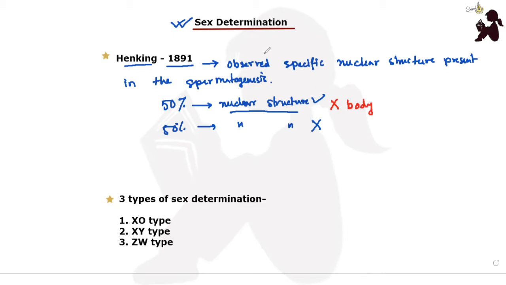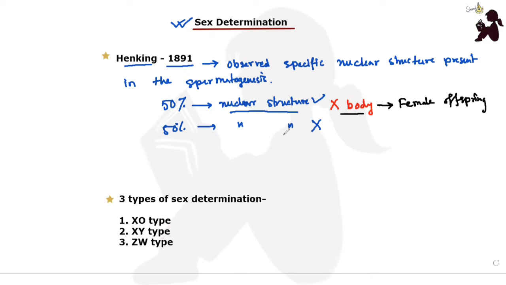After fertilization, he saw that the 50% of individuals with the X body produced female offspring.